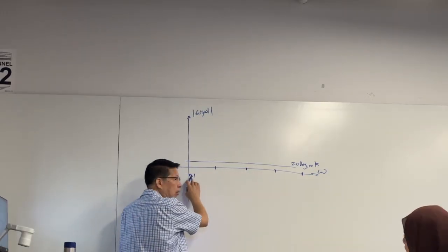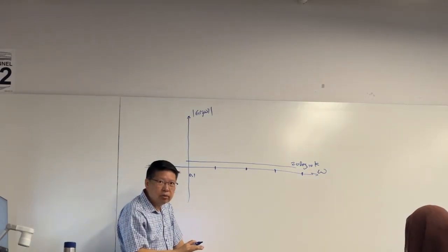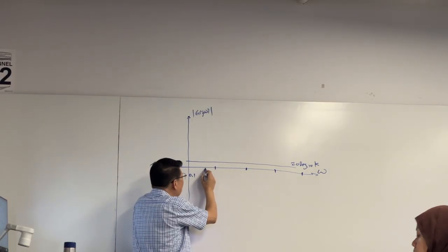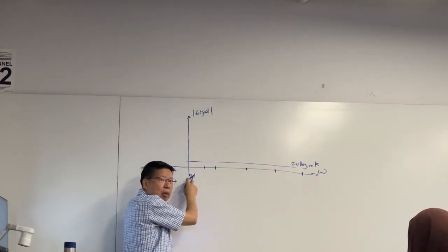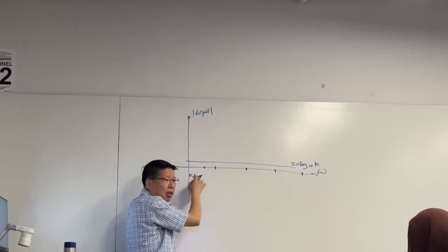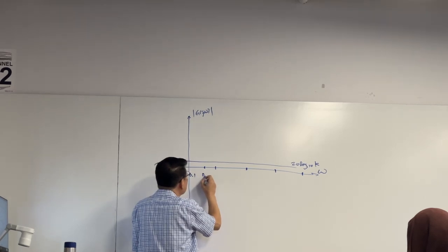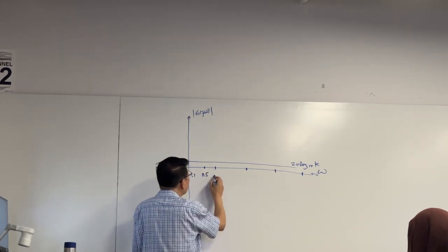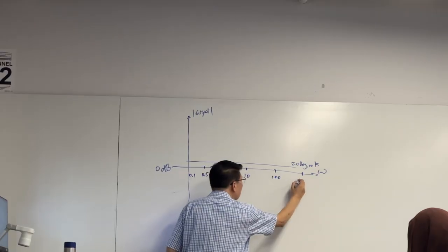So where do we start? We need to cover all the corner frequencies. The first corner frequency will be 0.5, which is somewhere here. So we must start from 0.1 or 0.01. Otherwise, you cannot cover this corner frequency, right? So this is 0.05, and then 1, and then 10, and then 100, and this is 1,000.